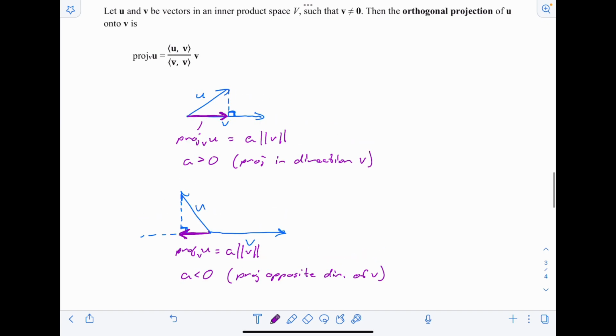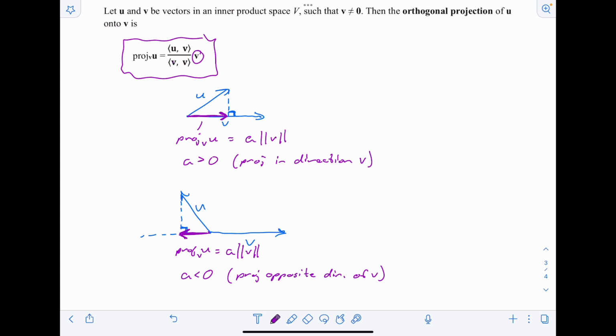So that's what we mean by a projection. A projection is simply taking a vector and projecting it onto another vector in a perpendicular fashion. And this is the formula that we're going to use to find the vector. So again, we have the inner product of U and V on the top and the inner product of V with itself on the bottom, and then V is just a vector.